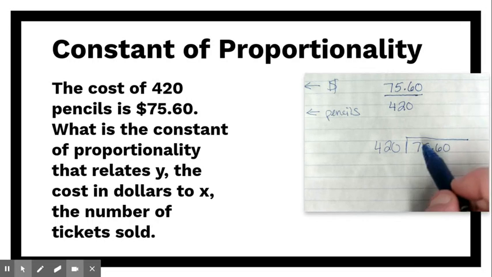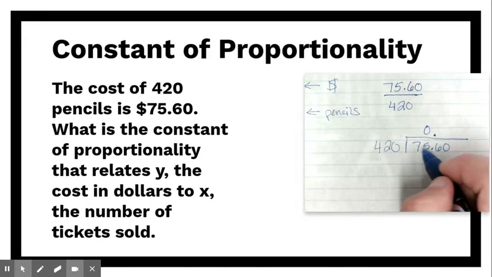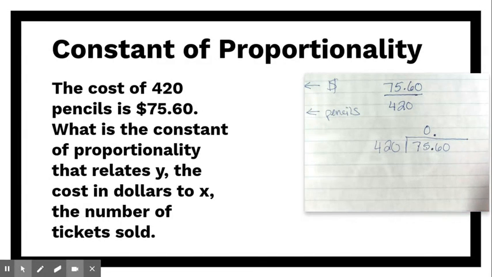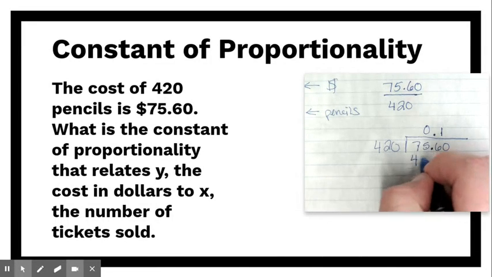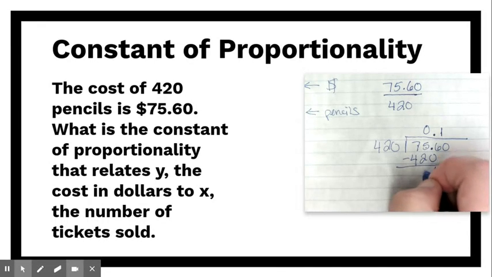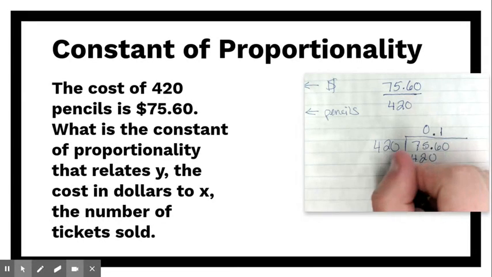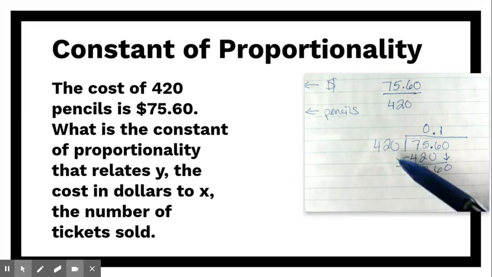Put our decimal there, because 420 doesn't go into 7 or 75, so it goes into 756. I know this is only going to be 1 because 400 twice is 800. So 1 times 420. 6 minus 0 is 6, 5 minus 2 is 3, 7 minus 4 is 3. And 336 is less than 420, so I know I was right. Bring down that 0. 420 goes into 3,360.